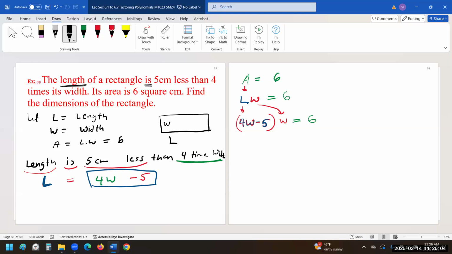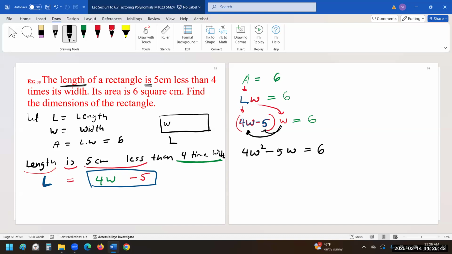And now, let's distribute so that you can see what it becomes. When you distribute the W inside your 4W minus 5, what do you have? 4W squared, and then minus 5W equals 6. What type of equation do we have now? Anytime you have square power, it means what type of equation? Quadratic.